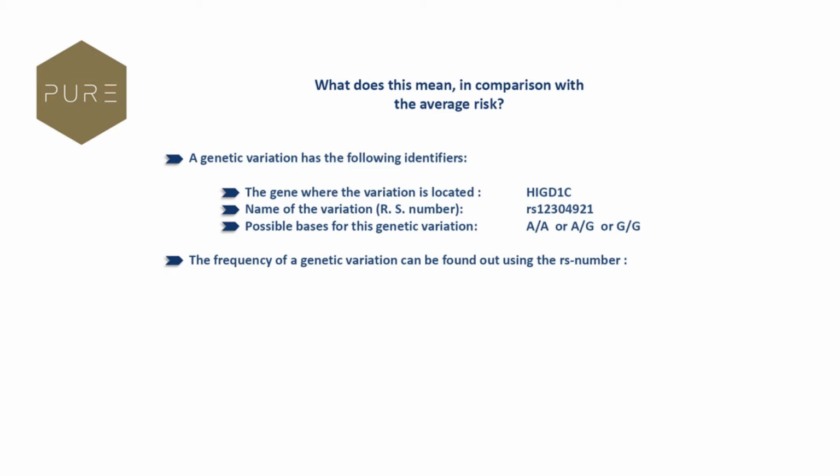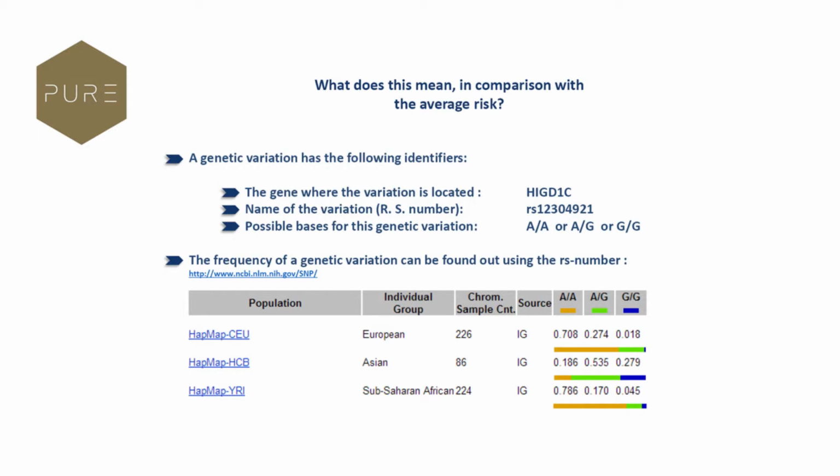And then we can also find out the frequency of these genetic variations, which means how common each of these gene combinations are in the general population. And there's a website here in case you want to play around with it a bit. It's the NCBI website. And there you can enter this RS number, and then you get this list here.